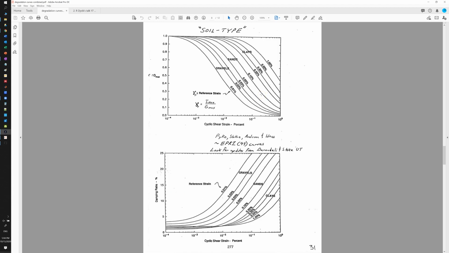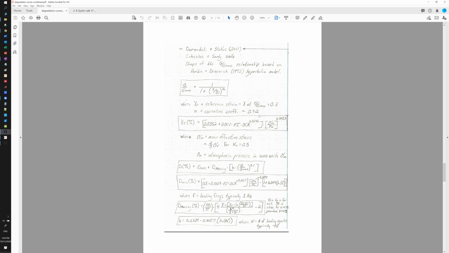Those are curves that you can use when you don't have the budget to do site sampling and those expensive tests. And for your semester project, you will pick those typical soil curves.